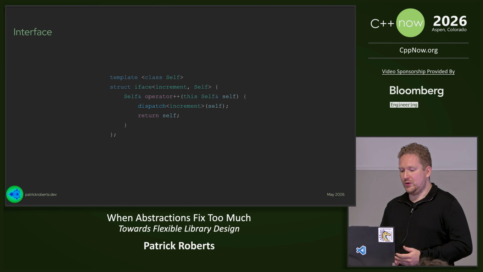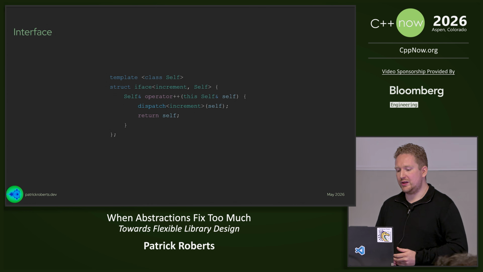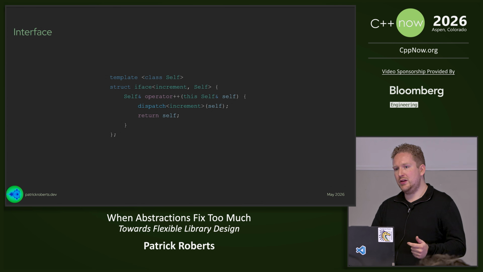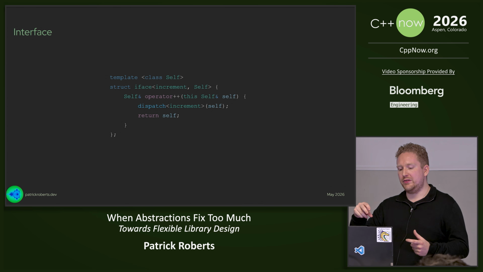So here's an example with the increment capability that we covered at the beginning. You specialize iFace on the increment capability, and you expose the increment operator in the body of that specialization. iFace acts as a CRTP base class for an existential type. So the self is actually the derived class of this iFace specialization.